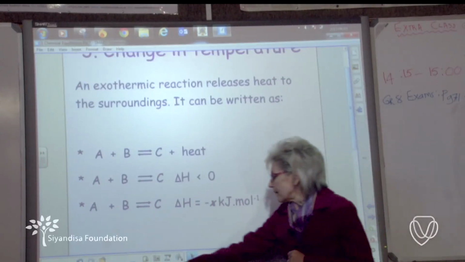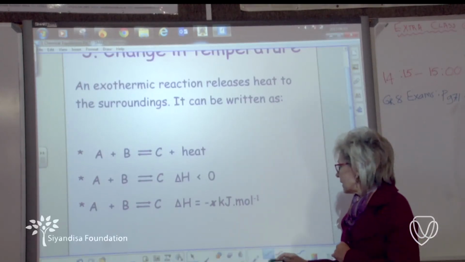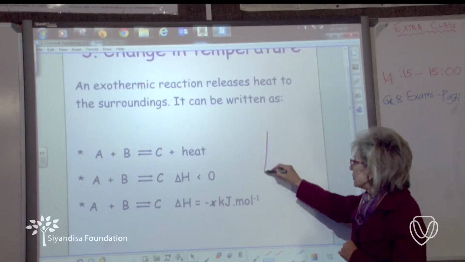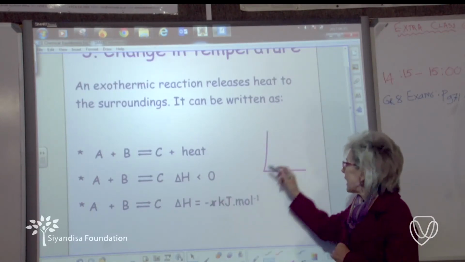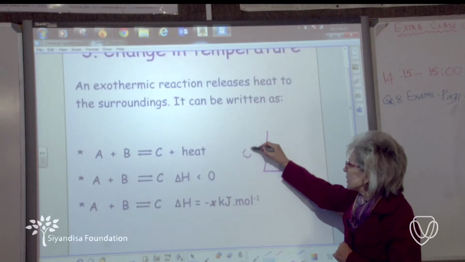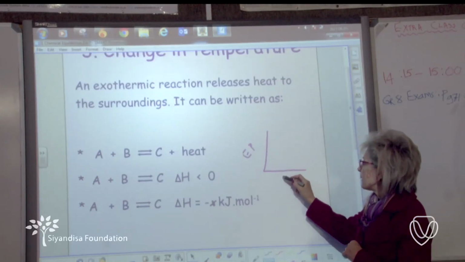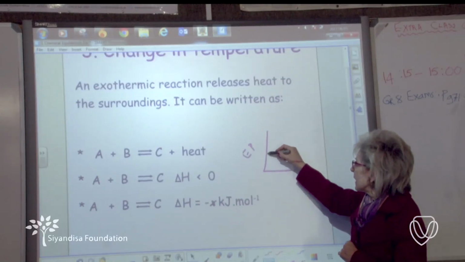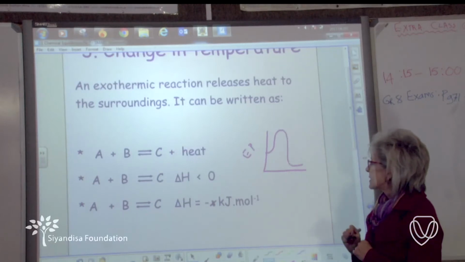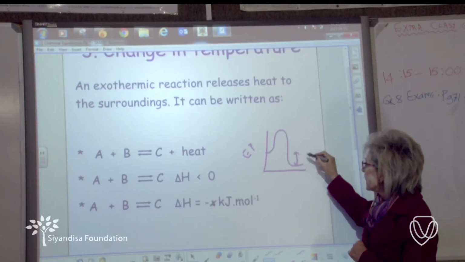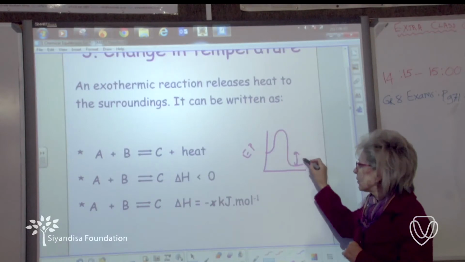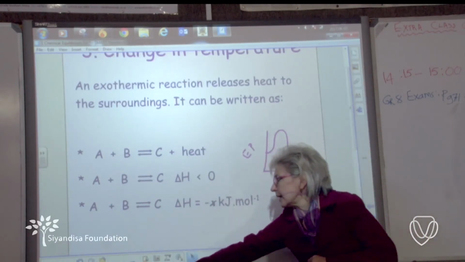And you will remember this work from the work on reaction rate, where this value actually comes from the potential energy graph with time, as time proceeds, and my graph looks like this. And this is then delta H, final minus initial, which would give us a negative value there.